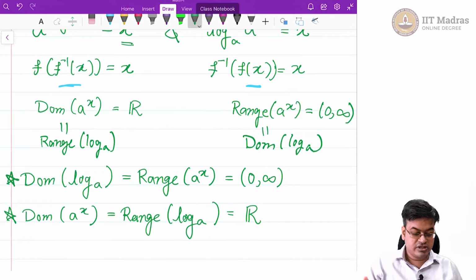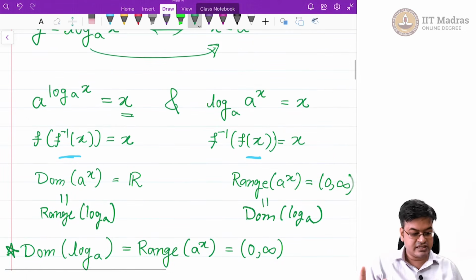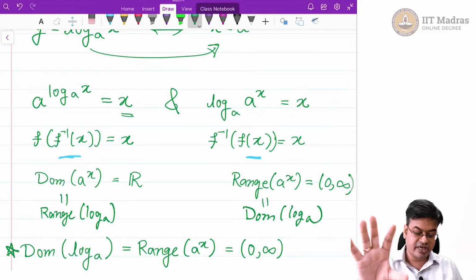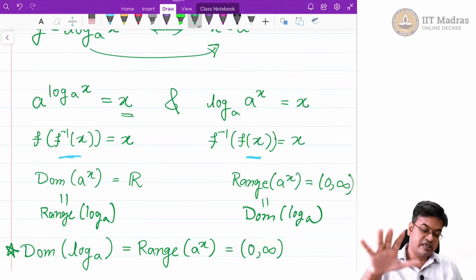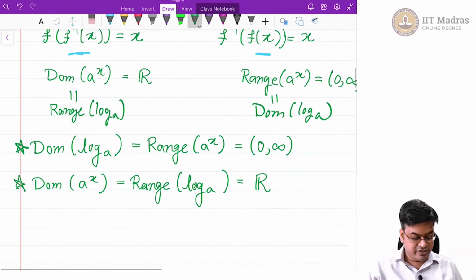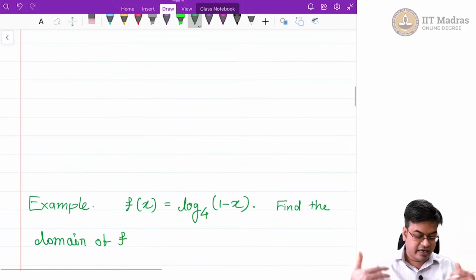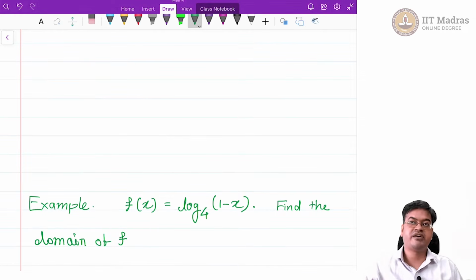So all these things you should always remember, the valid ranges and domains of the function. So this completes our verification that the logarithm function, the way we have defined, is actually an inverse of the exponential function.